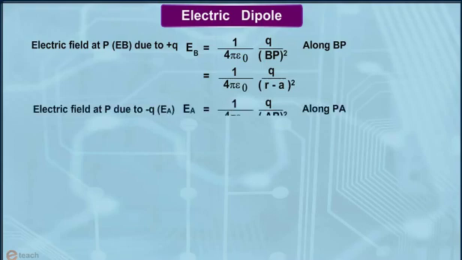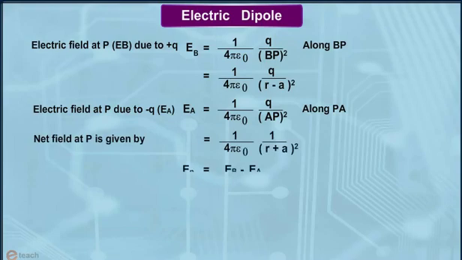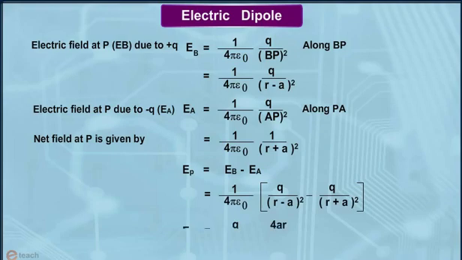Similarly, electric field at P due to minus Q is 1 by 4 pi epsilon naught Q by (r plus a) whole square along PA. Therefore, net field at P is obtained by adding both the fields, and hence finally after simplifying we get the field E as shown.